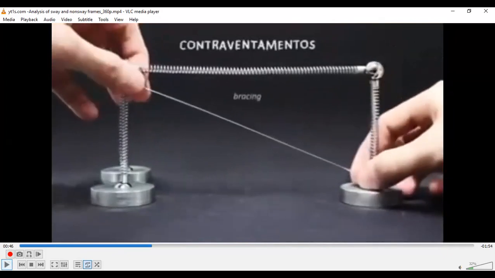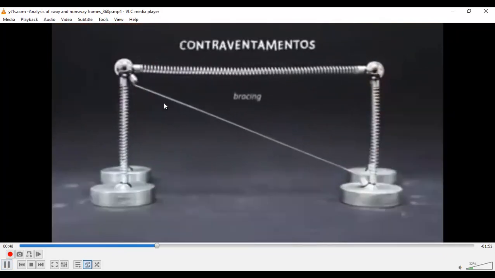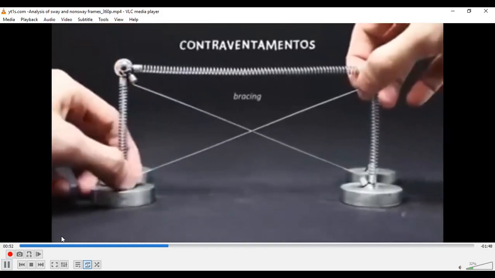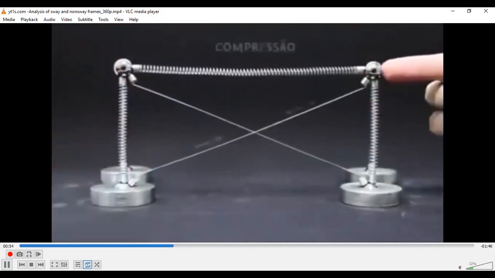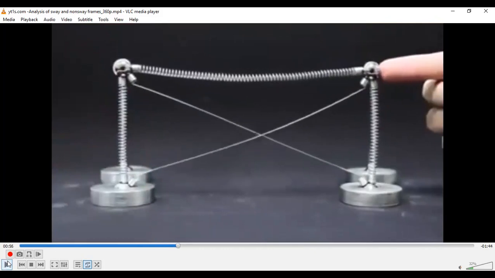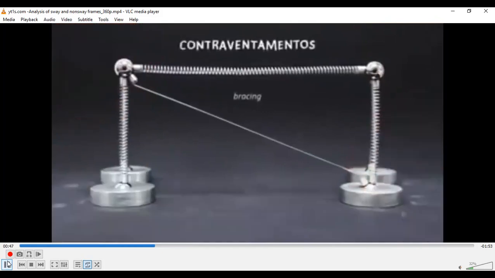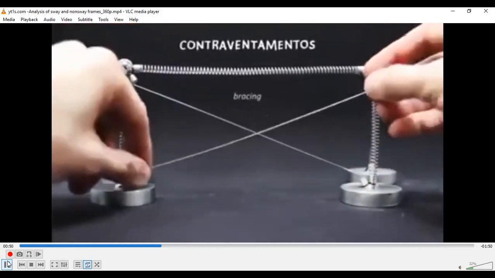So what if they provide bracing? If they start applying a load, can you see what happens? They provide bracing to stop sway.